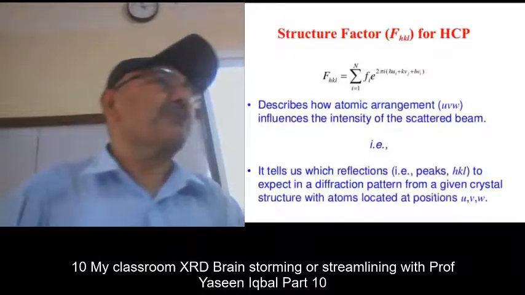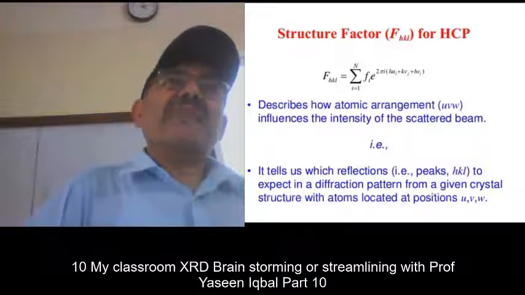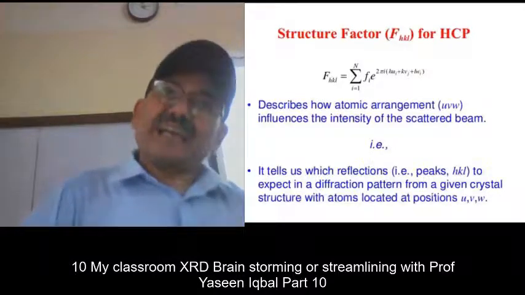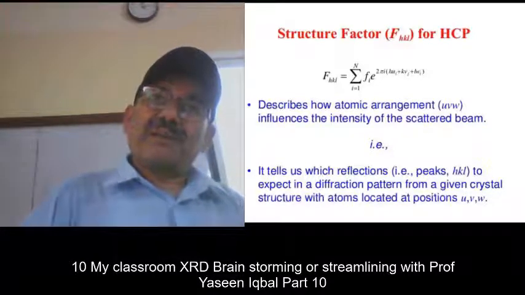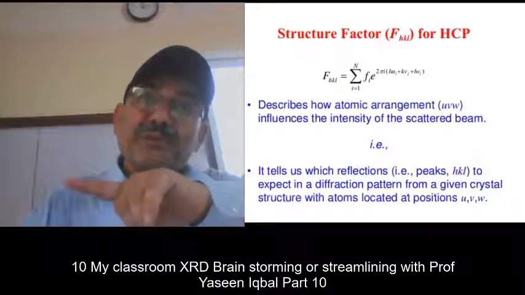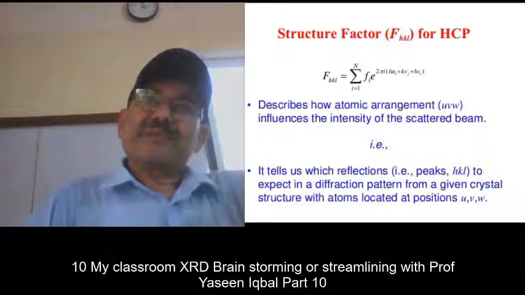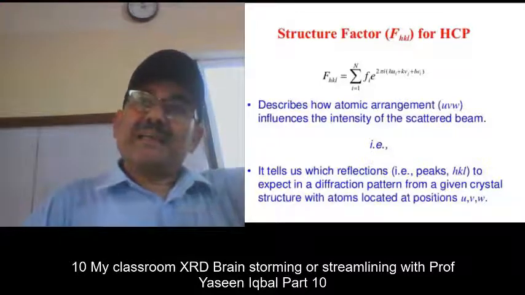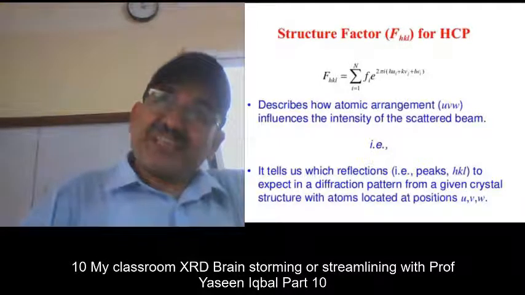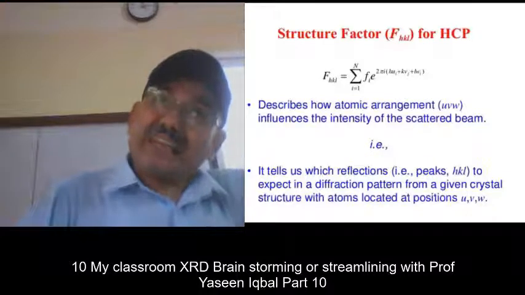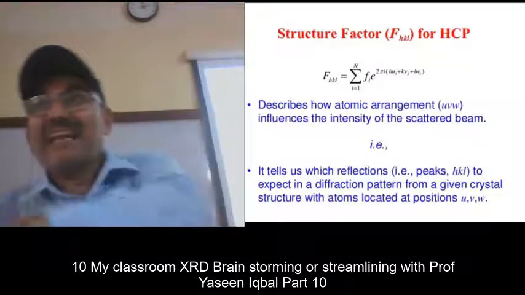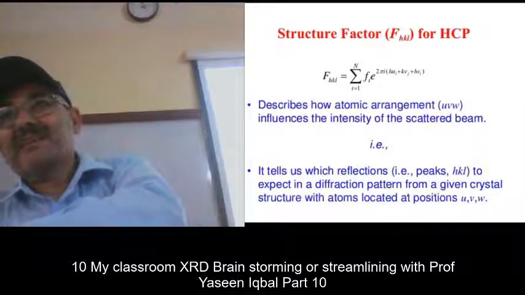And if you go into the details, if H is 0, K is 0, and L is non-zero, it gives you some value. Then H even, K even, L odd.